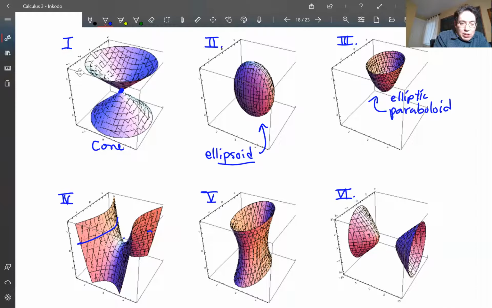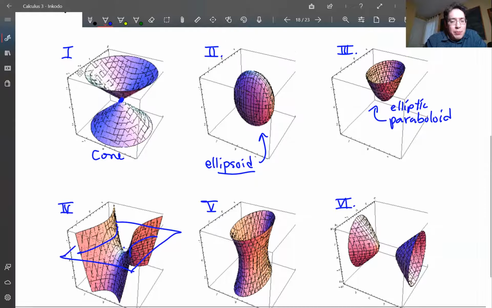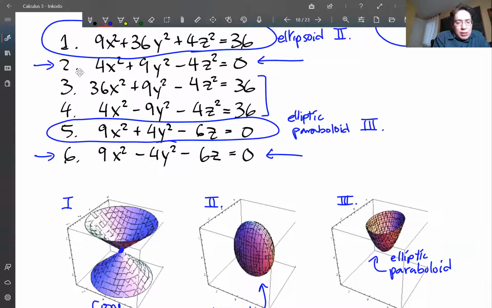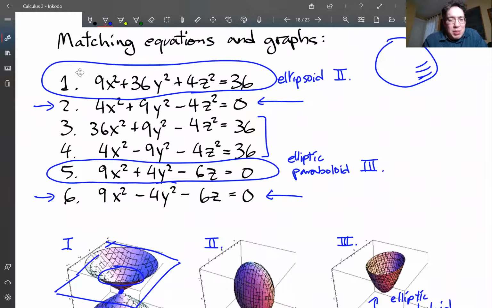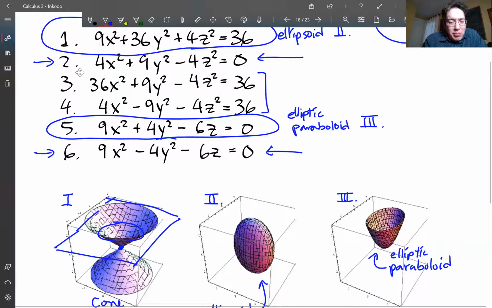If you cut it at a certain positive z value, it looks like the cross section is a hyperbola, as opposed to, if you cut it at a certain positive z value, I think the cross section looks like a circle or ellipse. And I think it needs to be an ellipse because of the equations here.